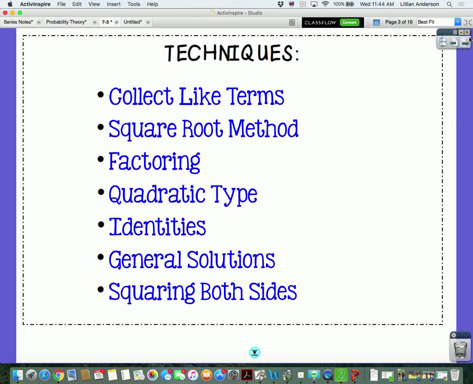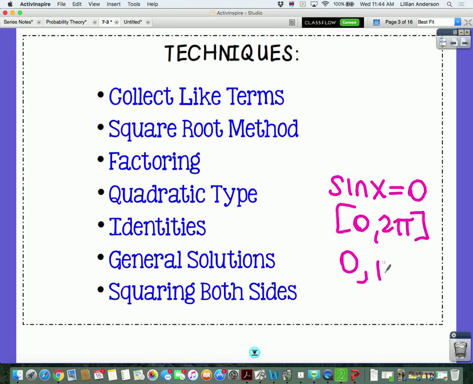So if the equation was sine x equals 0, technically from 0 to 2 pi, sine equals 0 at 0, pi, as well as at 2 pi. So all 3 of these would be your solution because they all fall within that interval. Some of these may only have 1 answer, some may have multiple answers. But you don't want to leave out an answer if it is to be an answer. You understand that? Okay.